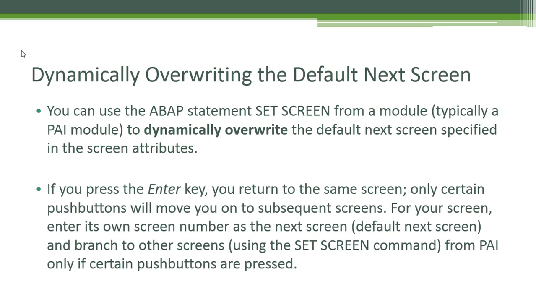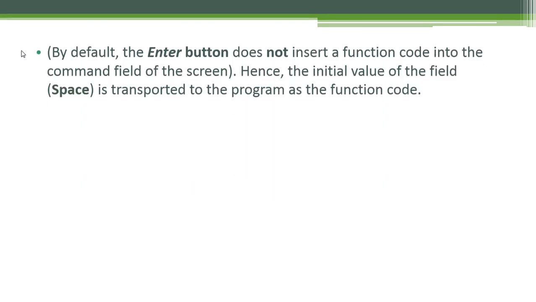For your screen, enter its own screen number as the next screen, the default next screen, and branch to another screen using the SET SCREEN command from the PAI only if certain push buttons are pressed, in this case the back button. By default, the enter button does not insert a function code into the command field of the screen.